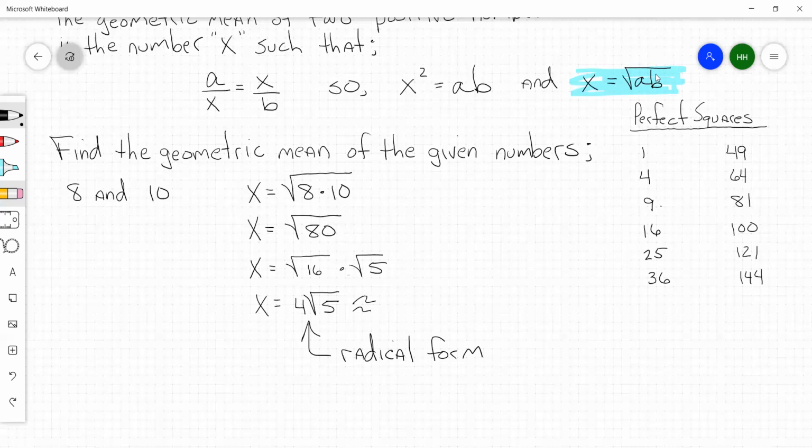So as a decimal, we type in the calculator 4 times the square root of 5, and we get 8.9. Radical form and as a decimal.